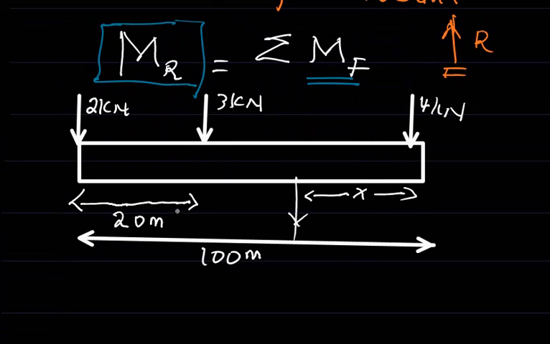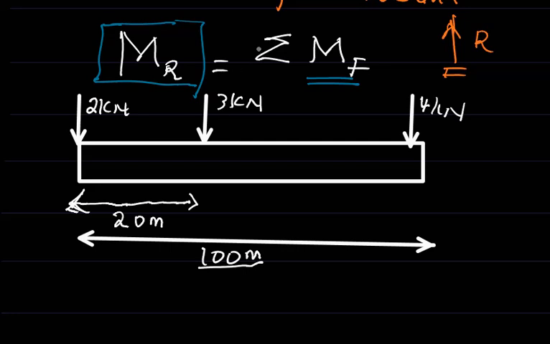I have just a beam having three forces acting on it downward. This is the position of the forces: 2 kilonewton, 2 kilonewton, 3 kilonewton, and 4 kilonewton. The length of the beam is 100 meter from this diagram, and the distance from one end to the 3 kilonewton is 20 meter.